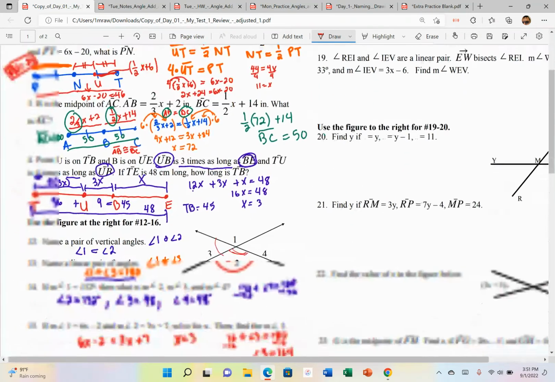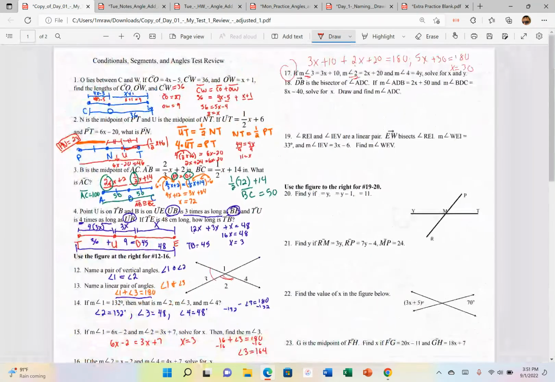We want to solve for y, and we can do that by plugging in that 30 for x. The relationship with angle 4: angle 4 is the same thing as angle 3. Angle 3 and 4 are vertical angles, so that means that they're congruent. If I find out whatever the measure of angle 3 is, I should be able to find out the measure of angle 4.